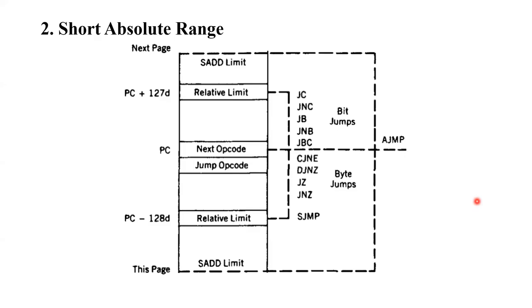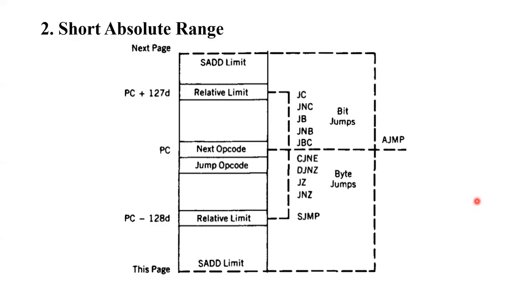If the jump is to the next instruction and that next instruction is in the next page, assembling is not an issue.